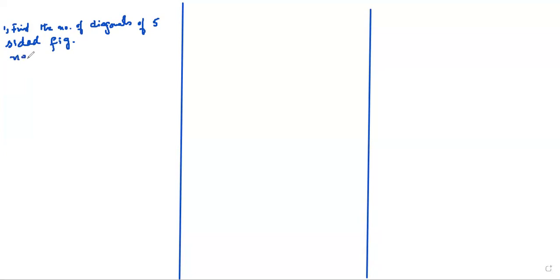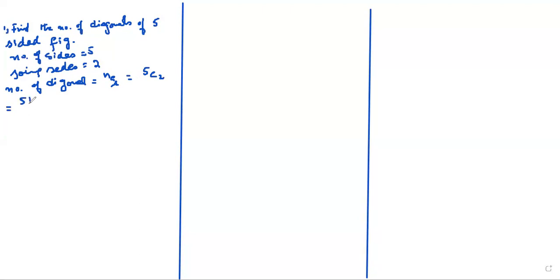Number of sides equals 5. Joining sides 2 by 2, the number of diagonals will be nCr minus n. So this equals 5C2, which equals 5 factorial divided by (5 minus 2) factorial and 2 factorial.